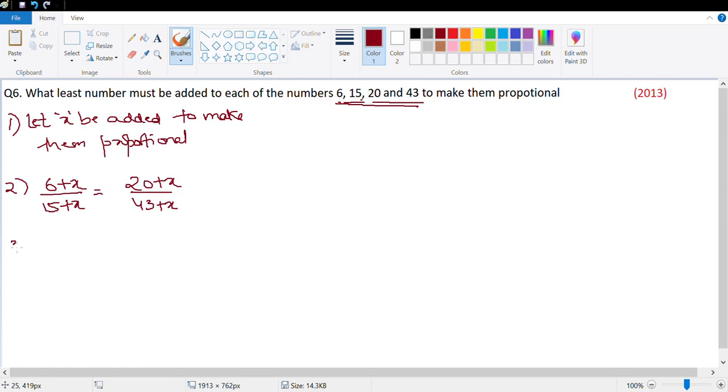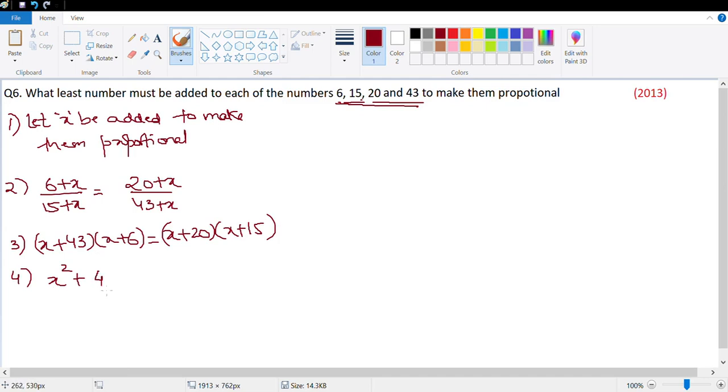That will give us x plus 43 multiplied with x plus 6 is equal to x plus 20 multiplied with x plus 15. This gives us x square plus 43x and 6x, 49x plus 43 into 6, that's 240 and 18, which means 258. This is equal to x square plus 20x and 15x, that's 35x plus 20 into 15, 15 into 2, 30, which means 300. x square and x square gets cancelled.